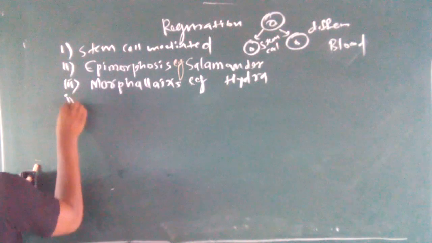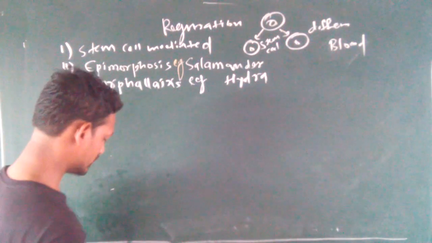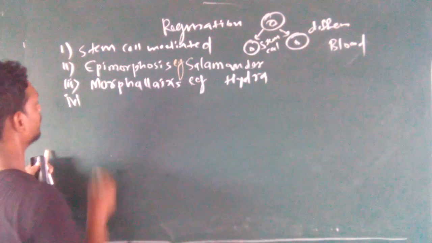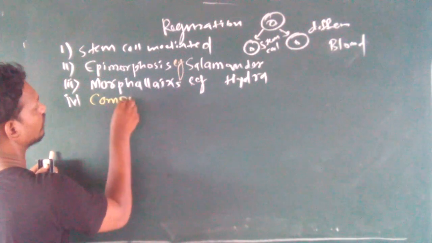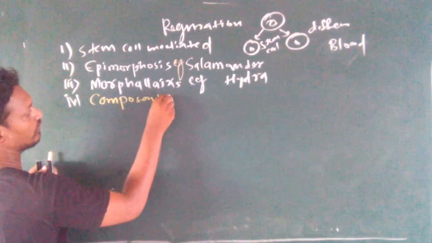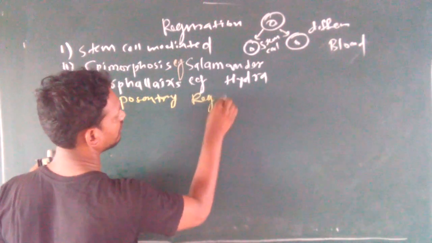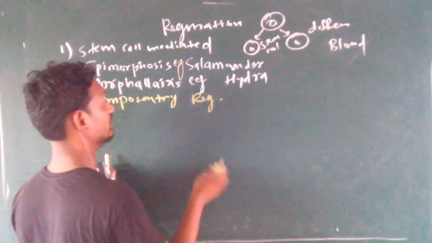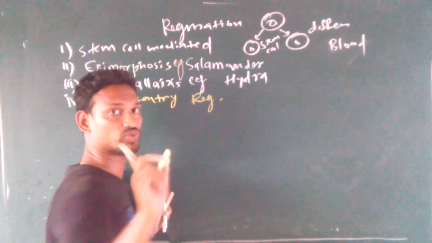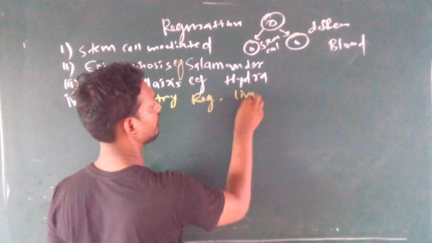While the fourth type of regeneration is complementary regeneration. Complementary regeneration takes place inside the human, especially in a most vital organ, the liver.